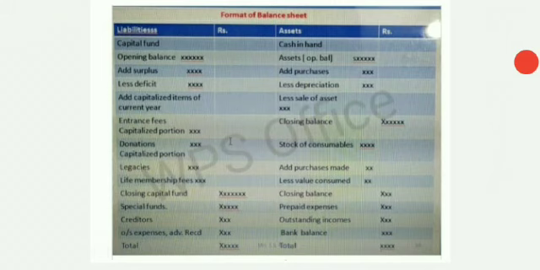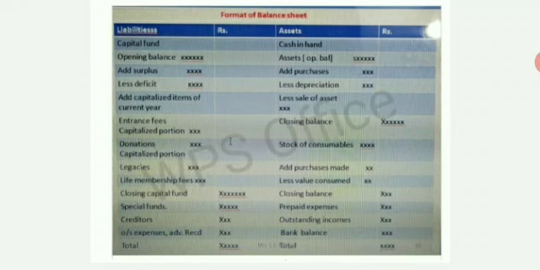Next, the format of the balance sheet is given to you. Come to the liabilities side. First of all, take the capital fund. Below, the opening capital fund in the inner column. Add the surplus of the current year, less the deficit of the current year.